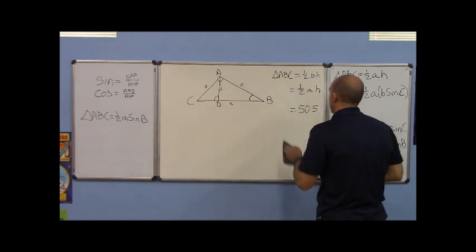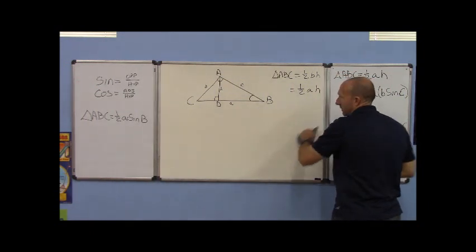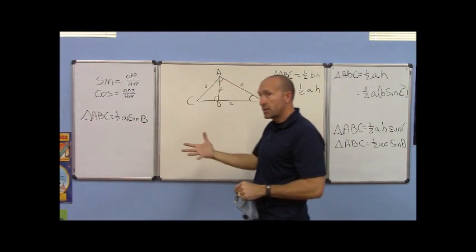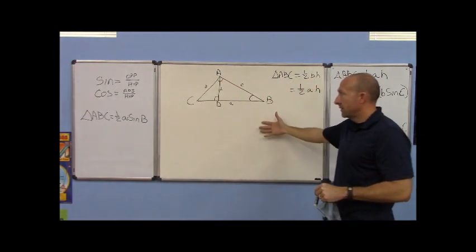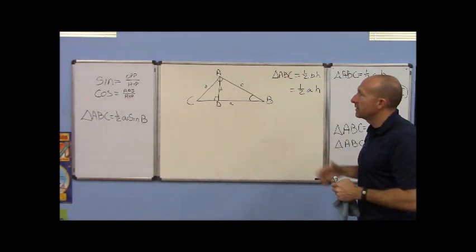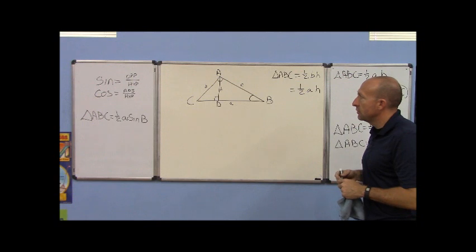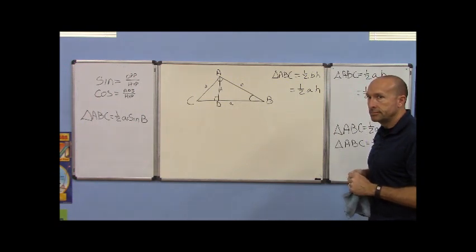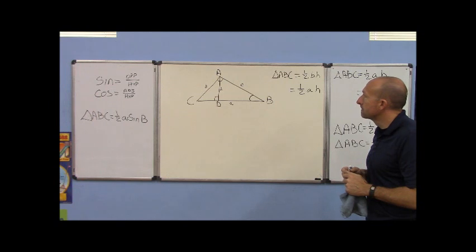So let me ask you this. Let's go back to the original question: what about cosine? Can we use cosine in the midst of this? We've used sine and found how we can use sine. Would you be able to use adjacent over hypotenuse to do some substituting? No, I don't think so.